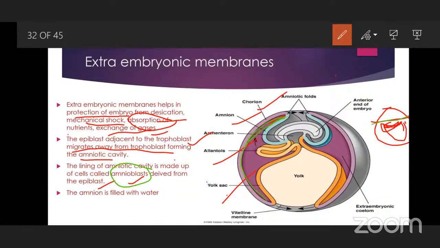We have seen this in the bilaminar embryonic disc.